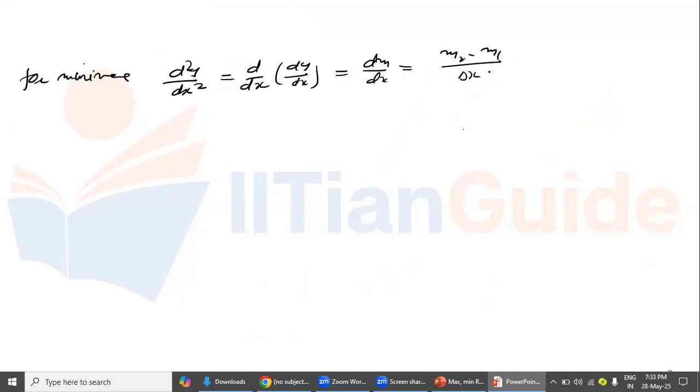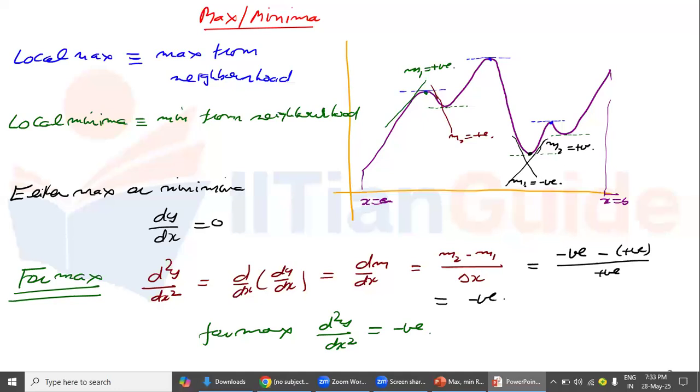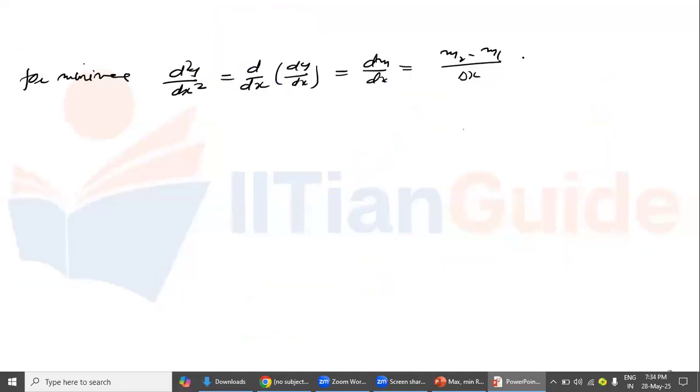Delta x, the change in x, is positive, since we are moving from left to right. In the figure, m2 is positive and m1 is negative. So m2 has a positive value minus m1; m1 is already negative, so negative becomes positive, divided by a positive value. So I have got the second derivative to be positive for minimum.